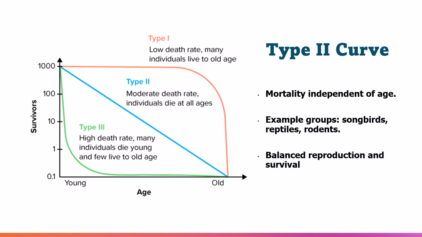Examples include many small birds, lizards, and rodents that live in a dynamic environment. They don't experience huge protection in youth nor extreme vulnerability in old age. The risk is pretty evenly distributed. It is a middle-ground survival pattern.